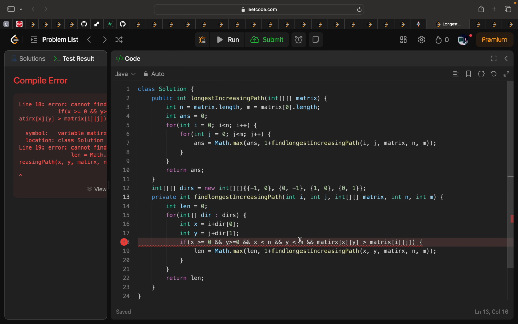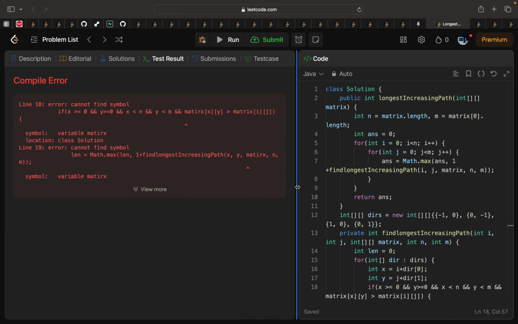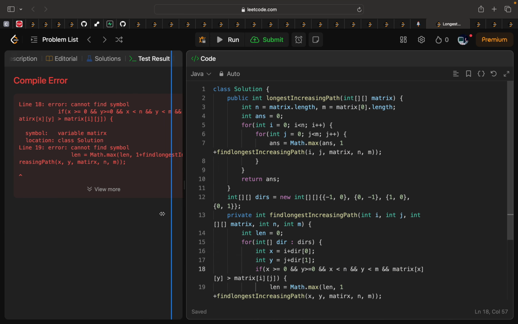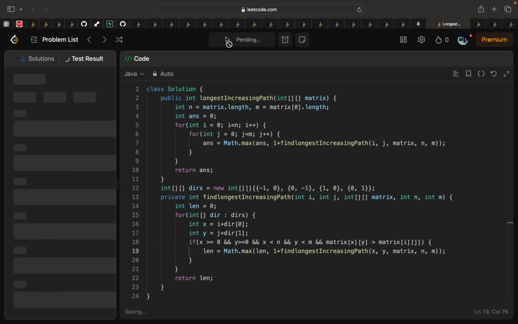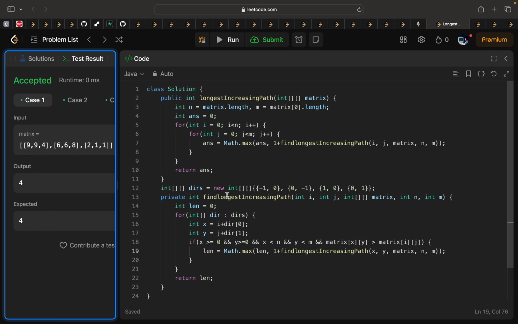Okay, the spelling mistake, matrix. Okay, here also. Let's run this.